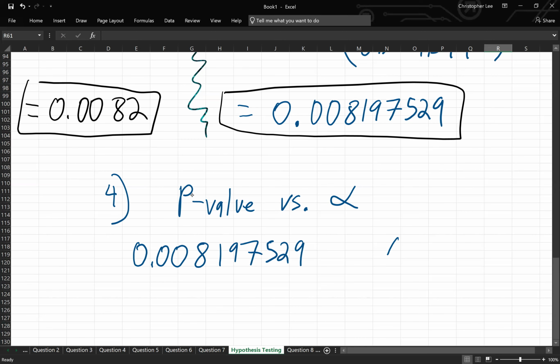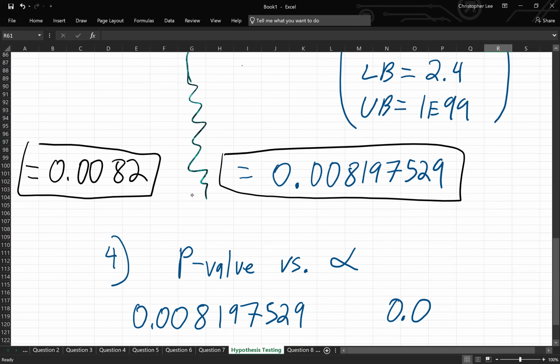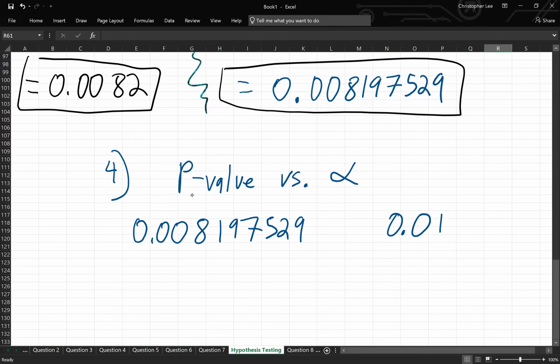Versus alpha, which is, I forgot, I have to scroll back up one second. 0.001. Okay. Which one of these is bigger? Is 0.008197529 bigger or is 0.01 bigger? Which one is bigger? Exactly, right? So my p-value is less than my alpha.